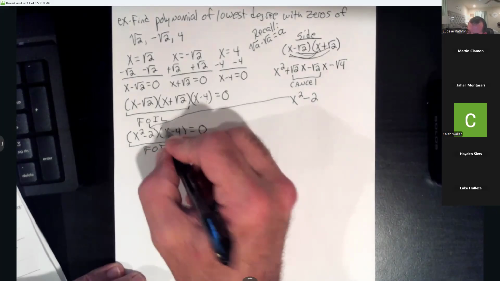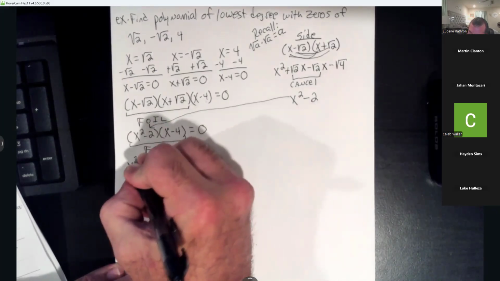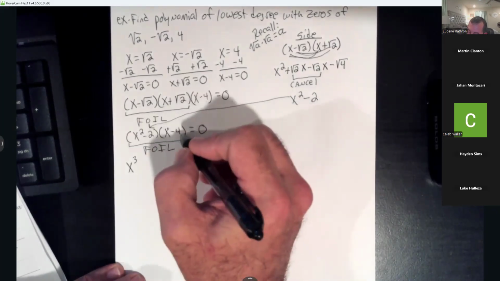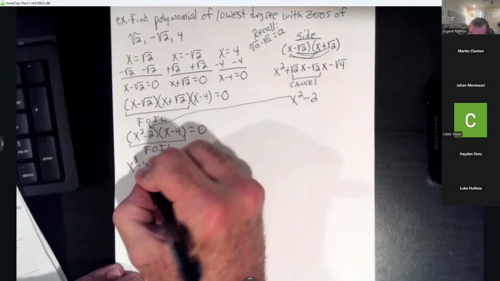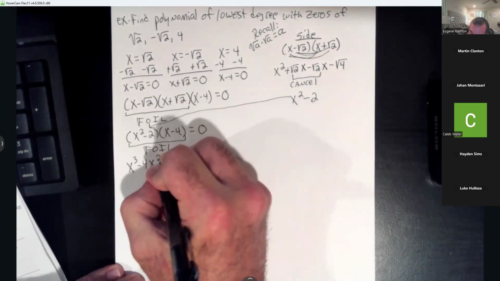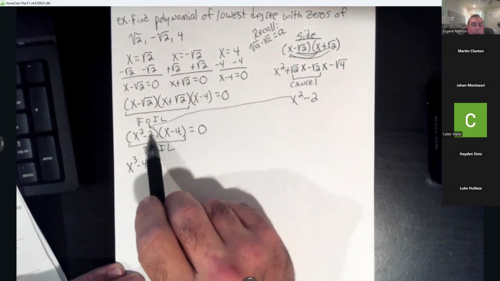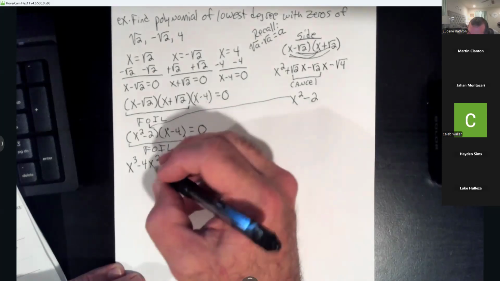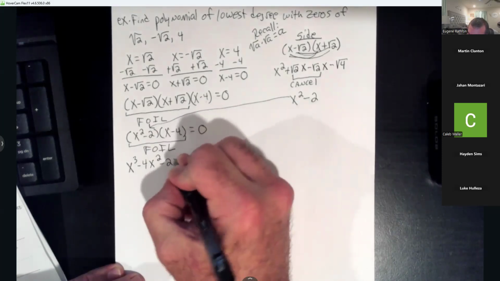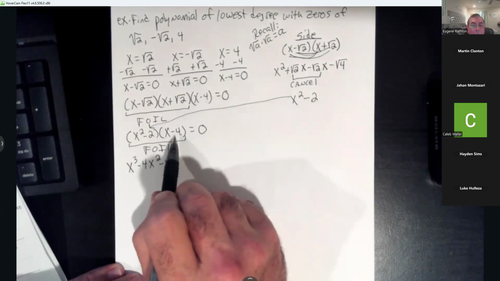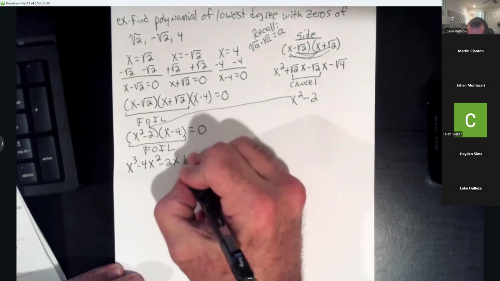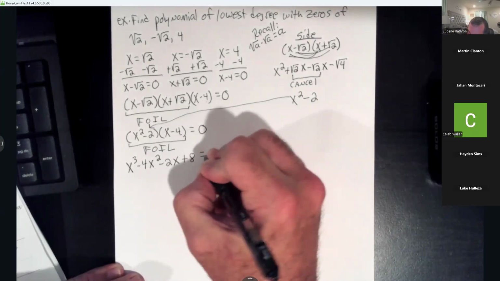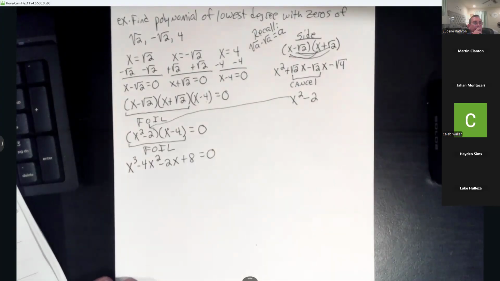X squared times x is an x cubed. X squared times negative 4 is a negative 4x squared. Then I've got negative 2 times x is a negative 2x. Negative 2 times negative 4 is a positive 8. All equal to 0.